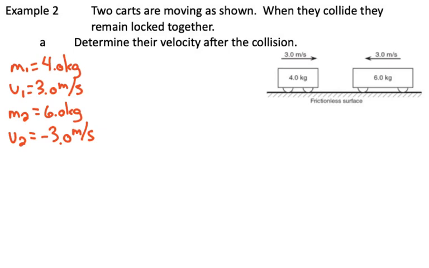And since we're looking for the velocity after the collision, V prime is what we need to find. The equation, M1V1 plus M2V2 equals M1 plus M2 times V prime.